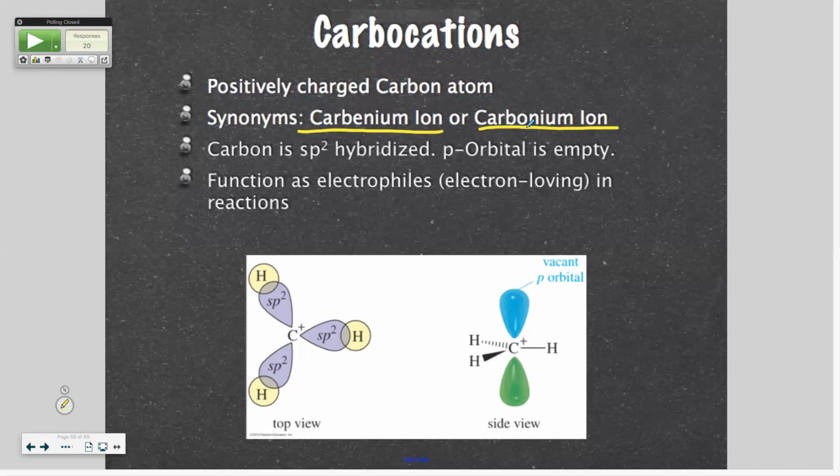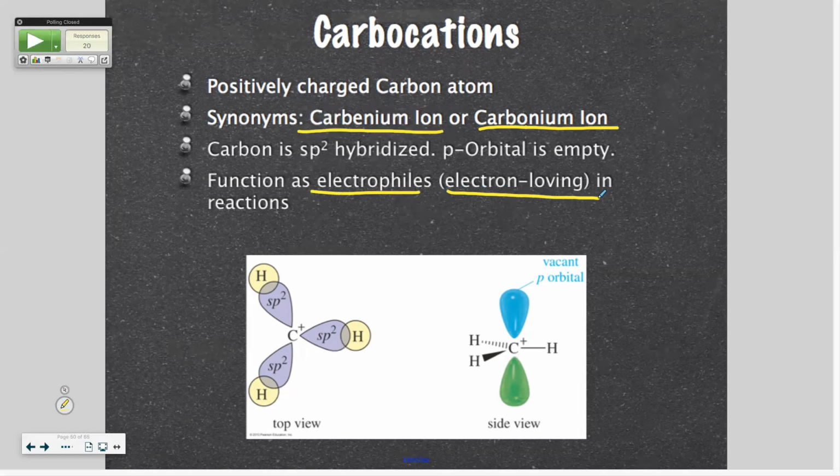And the p orbital, though, in a free radical, has 1 electron in it. Here it is empty. So it is an electrophile. That means electron loving. Electrons are going to go to it. Okay, electrons will go to carbocations.